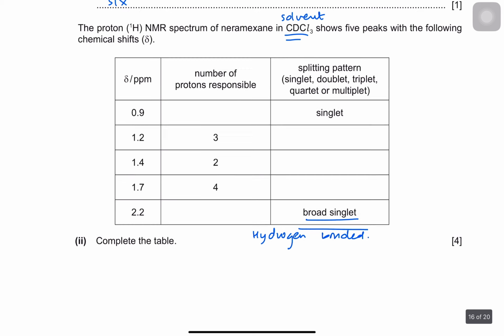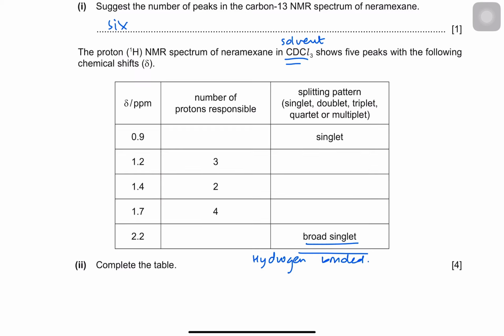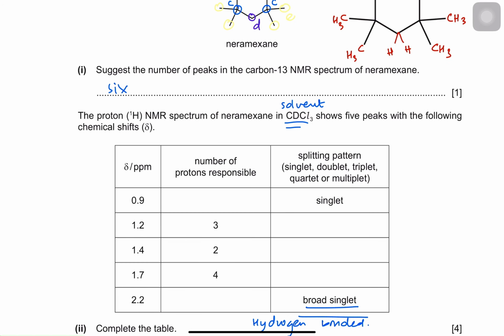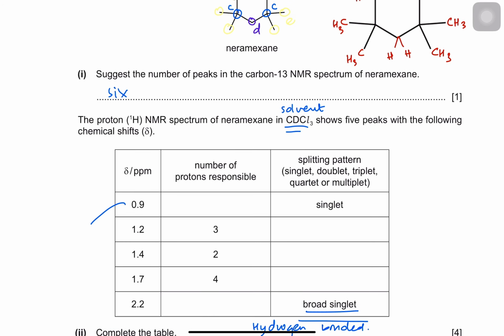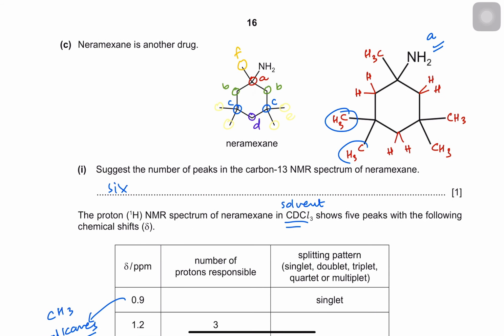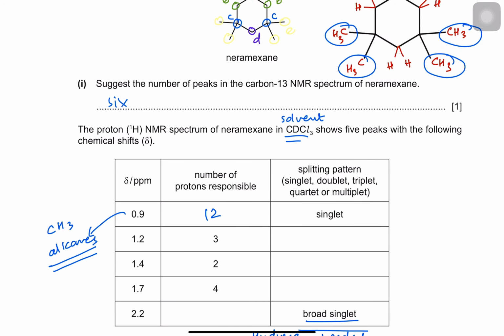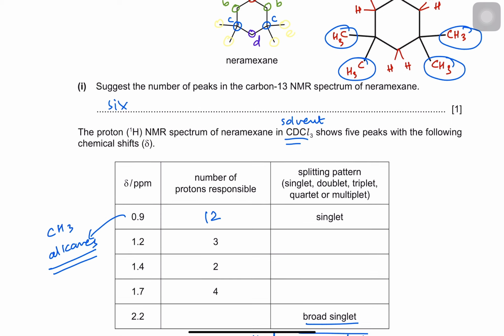So 0.9 and singlet peak. 0.9 is mostly because of alkanes, which are CH3 groups. So number of protons responsible for this: we have got 1, 2, 3, 4, 5, 6, 7, 8, 9, 10, 11, 12. 12 protons responsible for this peak for sure. Then we have 3 protons responsible. Where do we have 3 protons?